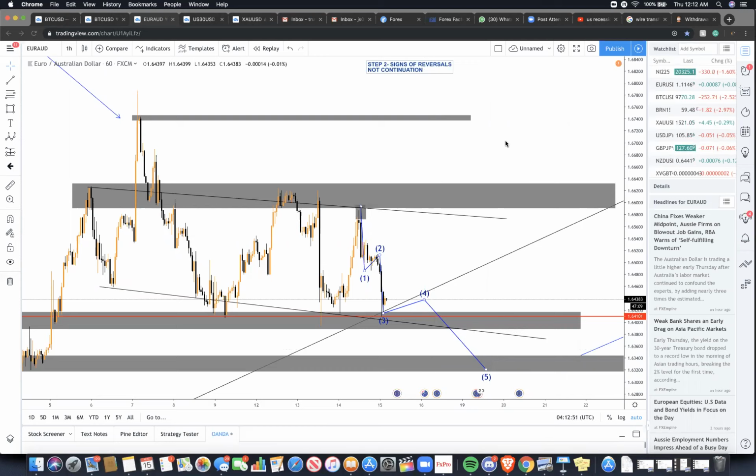Remember, step two in the three-step system: in the first step, we were just identifying what the trend is, where the direction could go. There were a lot of signs of a potential move to the downside, but overall we were looking for the trend, or the direction. So if I had enough confirmations pointing to the market retracing back down, then in the second step I'm looking for a sign of reversal showing me that the market's going to go up.